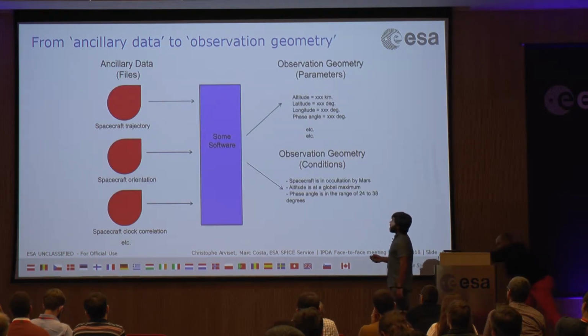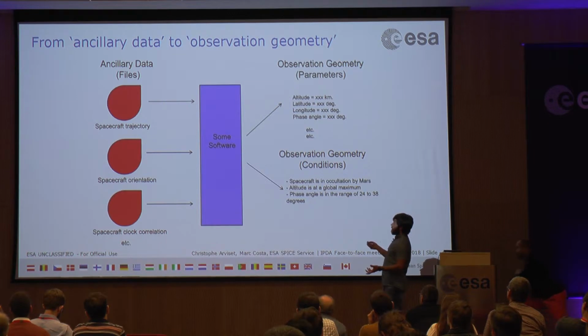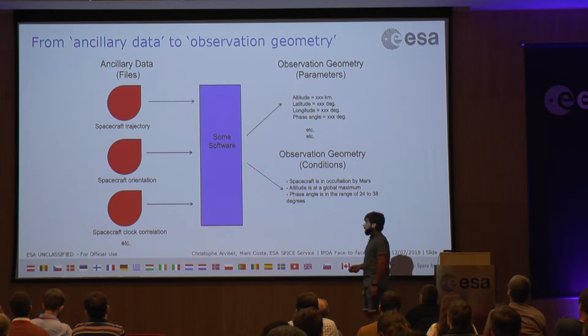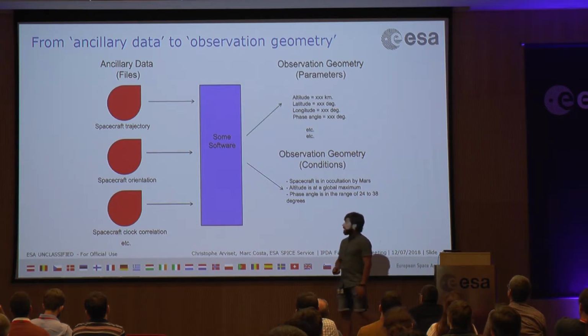Now, typically we use ancillary data in the following way. On the one side, we've got the minimal information that we're talking about, and we might even have spacecraft clock correlation with your favorite time system.